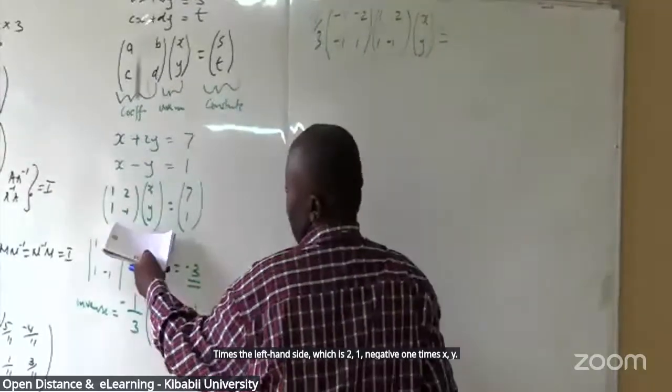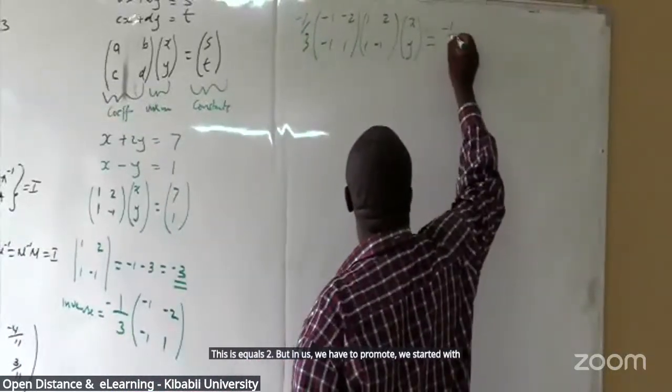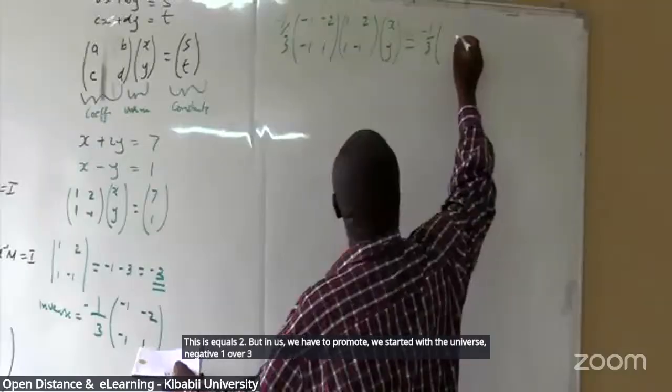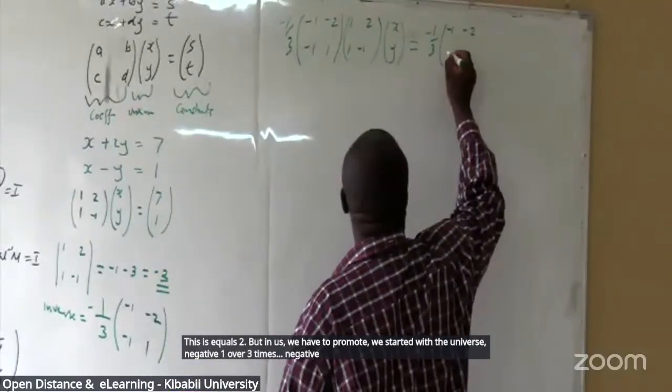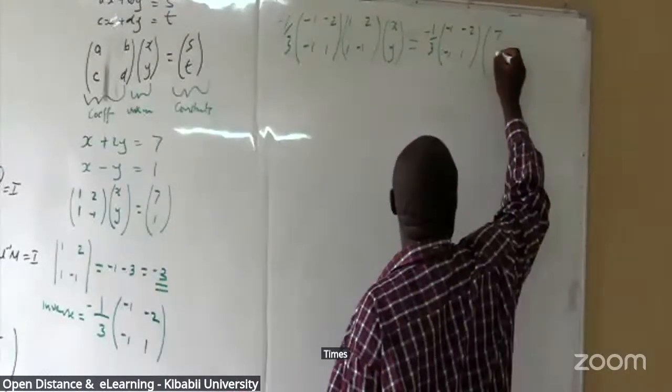This is equal to the inverse. We are pre-multiplying. We start with the inverse: -1 over 3 times -1, -2, -1, 1 times the constants 7, 1.